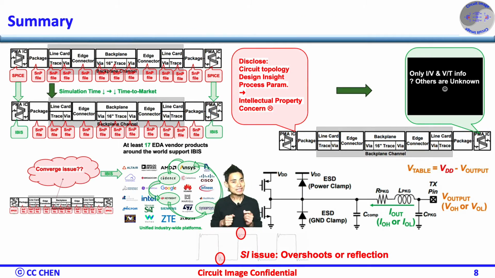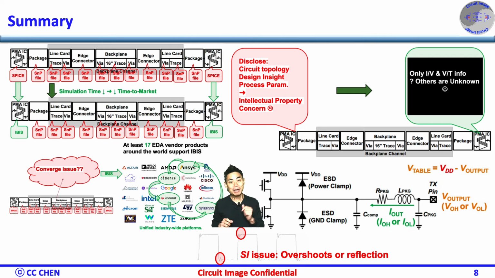Here is a summary of why we need the IBIS model for SerDes or any wireline link instead of the SPICE model. First and foremost is the shorter simulation time, even under very big system verification, since you could initiate a great variety of IOs in a single IBIS file.